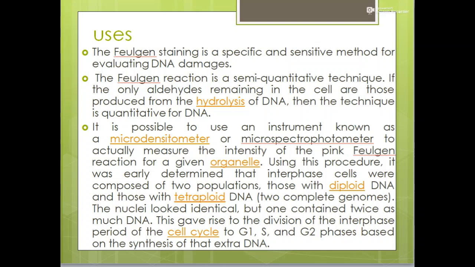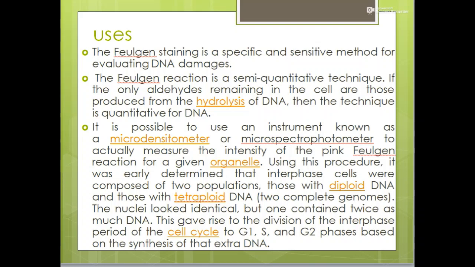Something I would like to add about Feulgen staining is that it can be used to evaluate various DNA damages. At the same time, you can combine Feulgen staining with instruments such as a microdensitometer or a microspectrophotometer, and semi-quantitatively estimate the amount of DNA present. For example, if the intensity of the pink Feulgen stain is more in one particular organelle, that can be estimated.